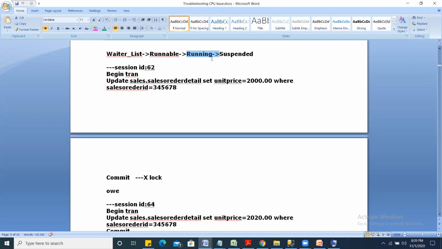And the opposite is the preemptive scheduling algorithm, which is used by the Windows operating system. Before SQL Server 2005, SQL Server did not have its own SQL OS, so it did not have its own scheduling algorithm.